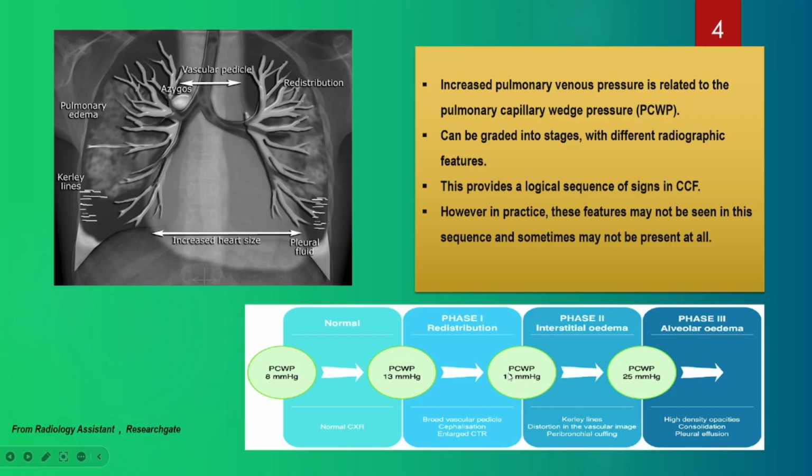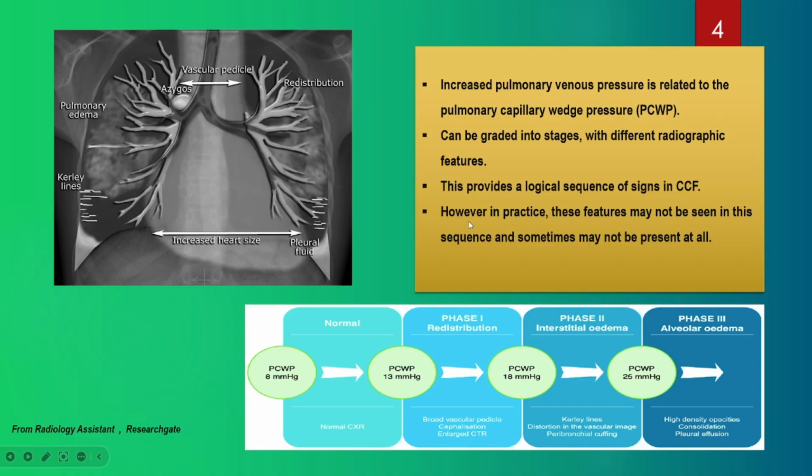This will lead to various features: redistribution, cardiomegaly, vascular pedicle widening, dilatation of the azygous vein, curly lines, perihilar haze and peribronchial cuffing, thickened interlobar fissures, pulmonary edema, pleural effusion, likewise.